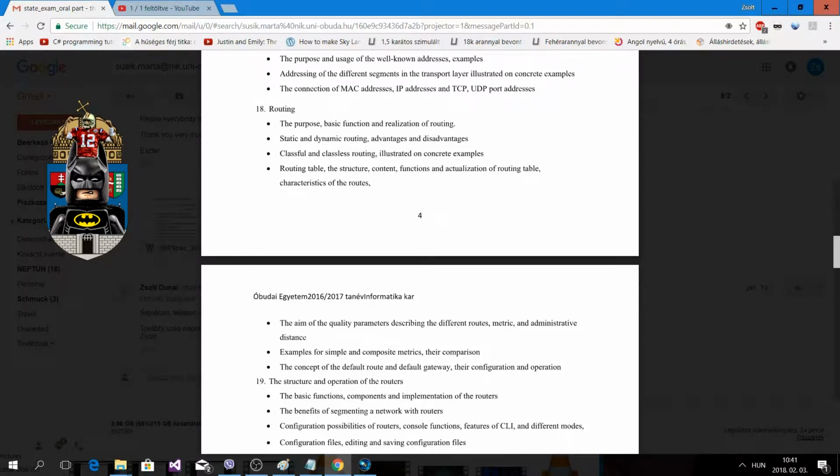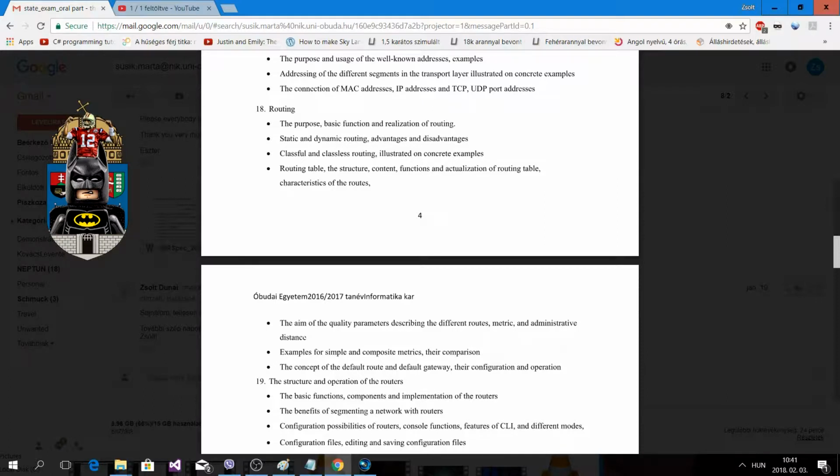So they have the routing tables to calculate the best path, and basically that's the purpose: to calculate the best path and forward traffic from one network to another network, from one device to another device. That's the base of routing.